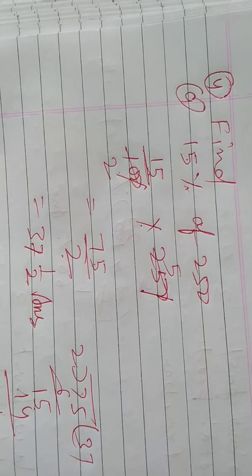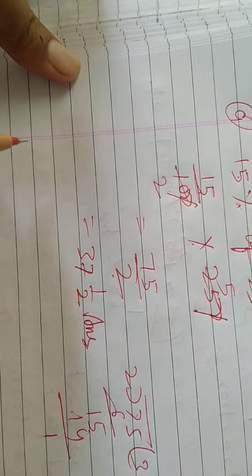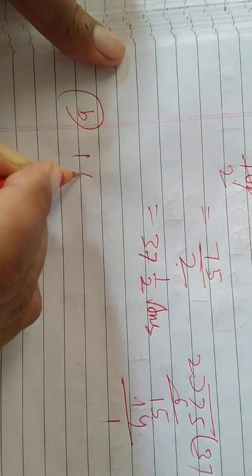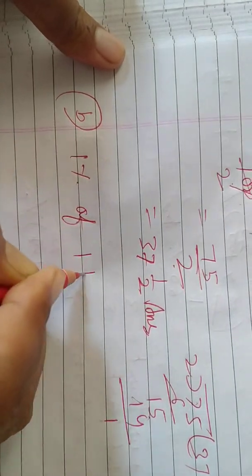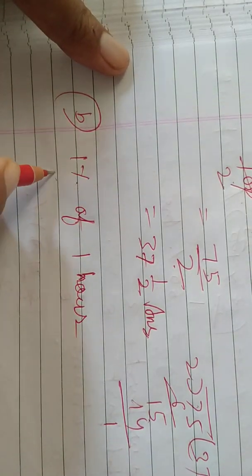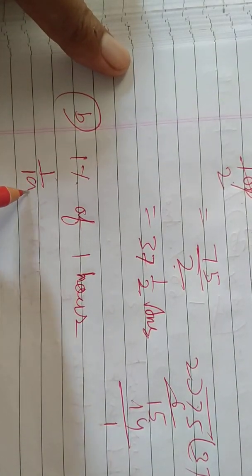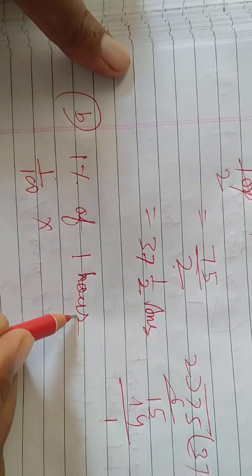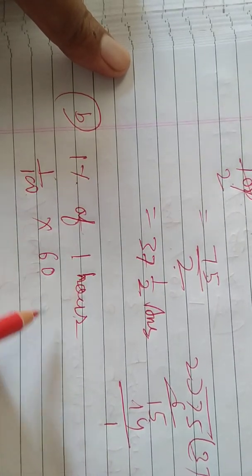Okay children, so part B. 1% of 1 hour. 1% means 1 by 100. Of means multiply. You convert 1 hour into minutes. 1 hour is equal to 60 minutes.